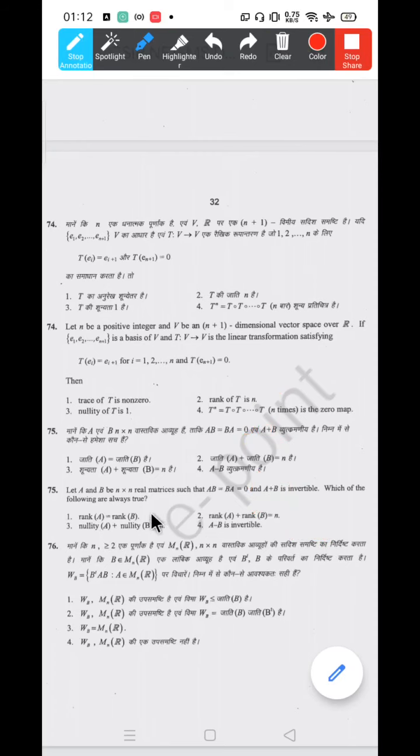Okay. What is next? Let A and B be n crossing n real matrices such that AB equal to BA equal to 0 and A plus B is invertible. Which of the following is always true?